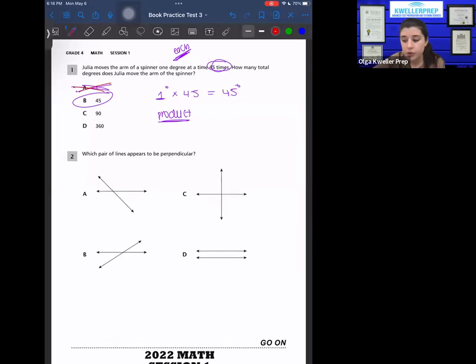Now, number 2, what does the word perpendicular mean? Perpendicular means they cross and they make a 90-degree angle. So all we have to do is find that, and that's right here. Choice C, we can just see that visually. How do I describe the relationship between these lines in choice D?